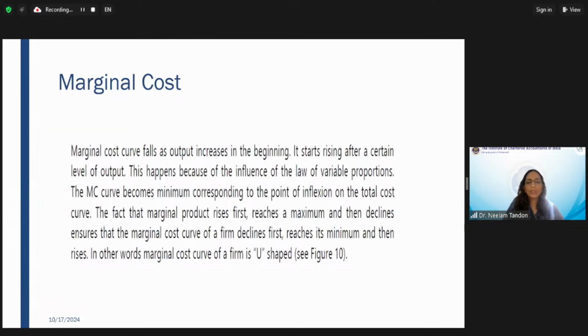So what is marginal cost? We have shared that the marginal cost curve falls as output is increasing. Initially, marginal cost starts decreasing, then it starts rising after some point, and we have shared it happens because of the law of variable proportion.